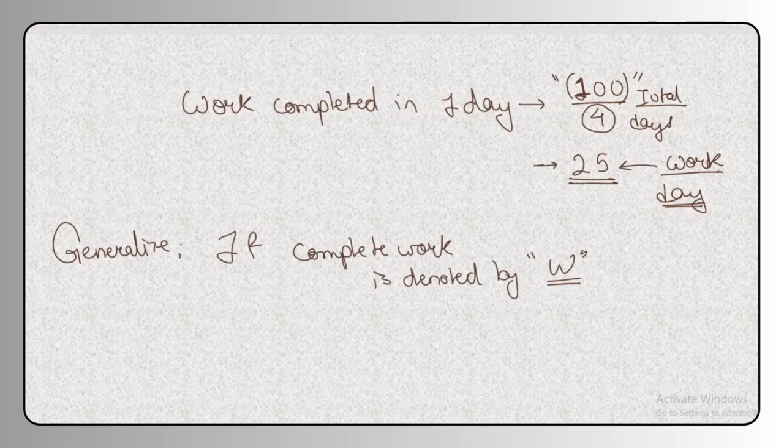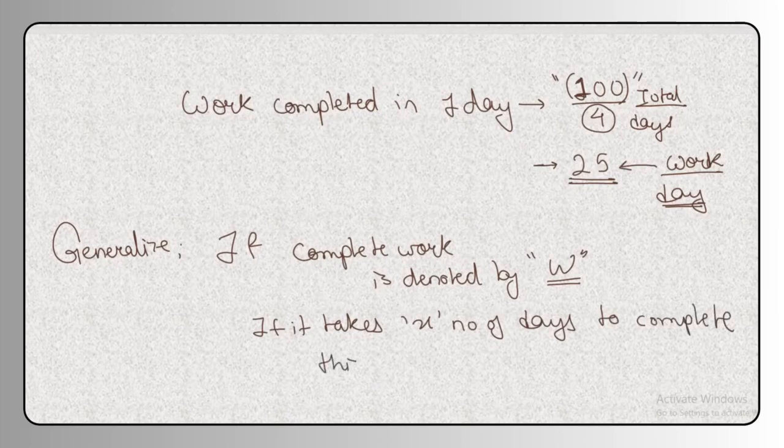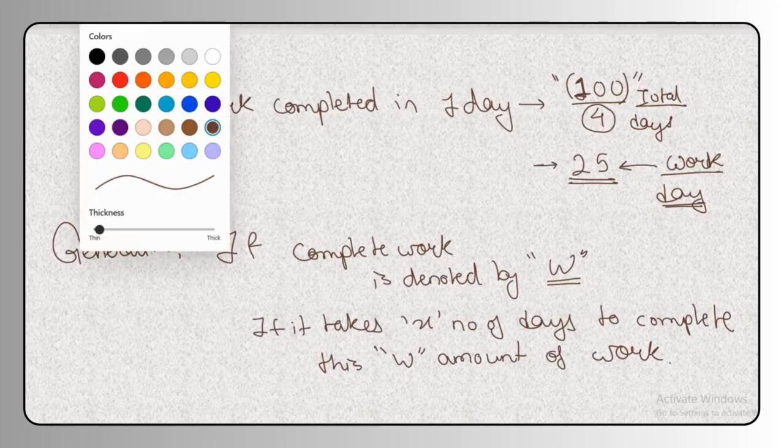So if complete work is denoted by W, then if it takes X number of days to complete this W amount of work, then essentially how much would be the work done per day?